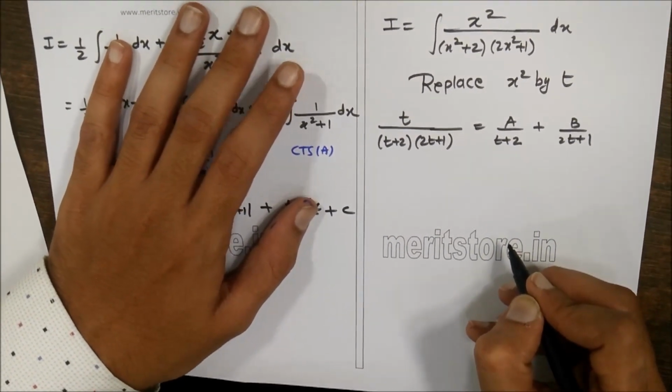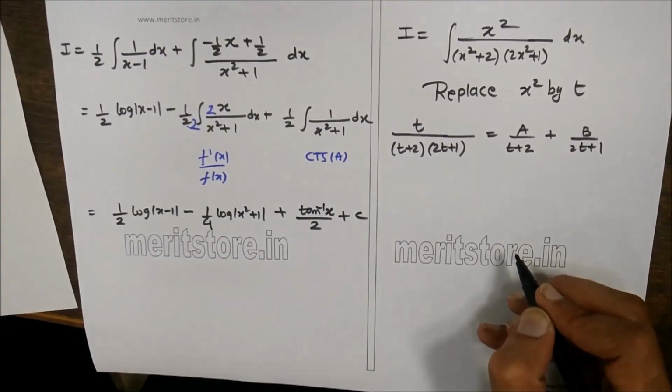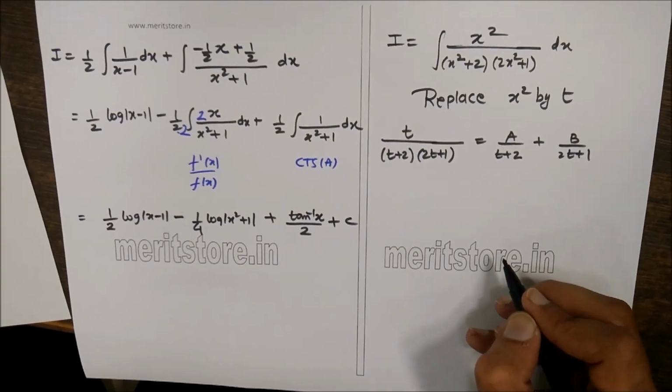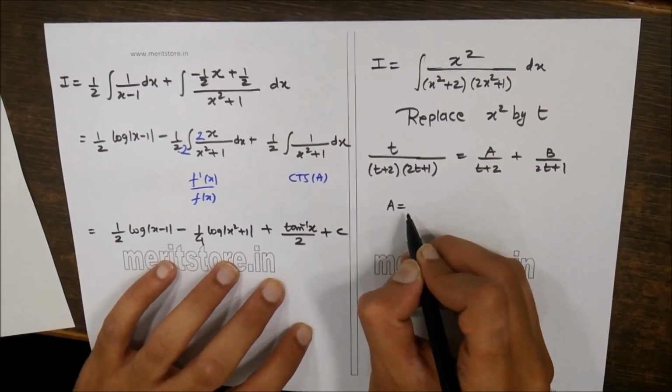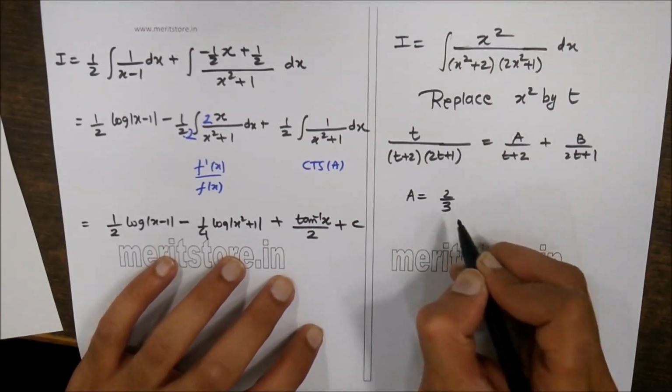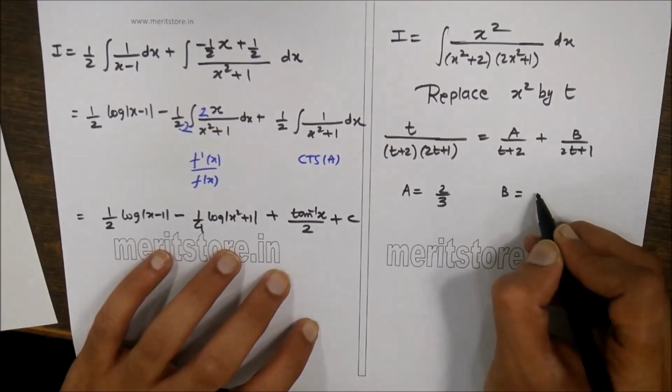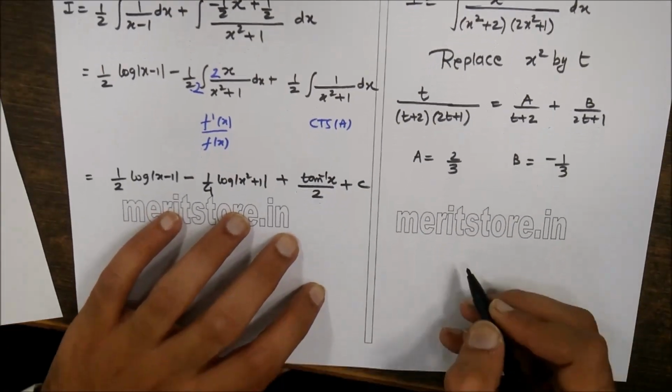On simplifying this partial fraction, we will get the value of a and b as a will be equal to 2 by 3 and b will turn out to be minus 1 upon 3.